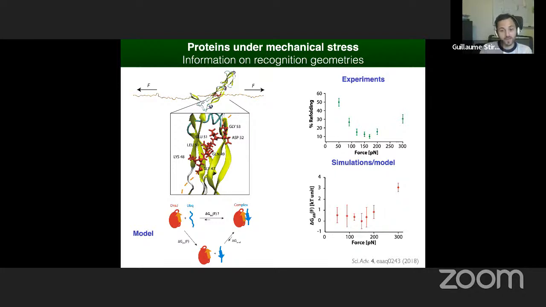So you have to pay a high price. I mean, not too high, but you have to pay a price to get the conformation they have in the binding pockets of this chaperone protein, right? So you see here how we can use these simulations to understand this kind of peculiar force dependency of the binding affinity of one protein to another.